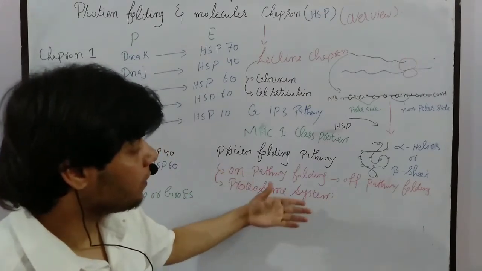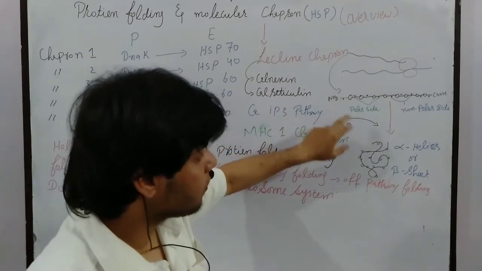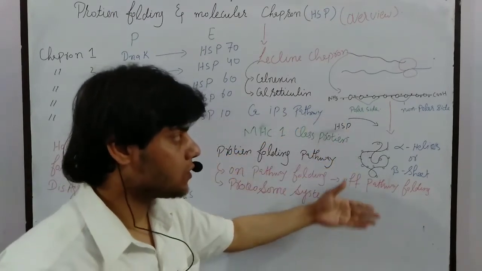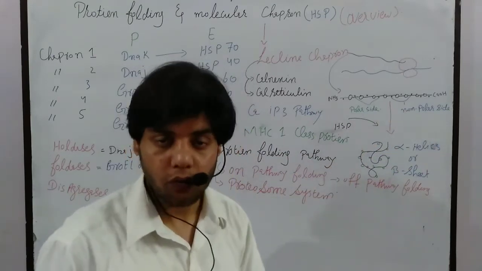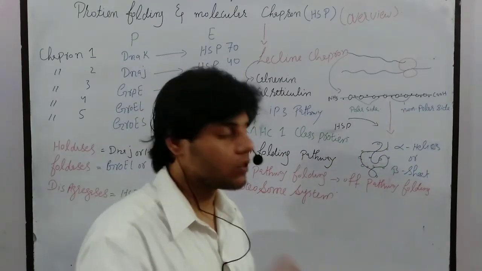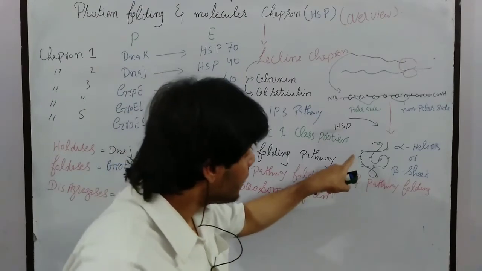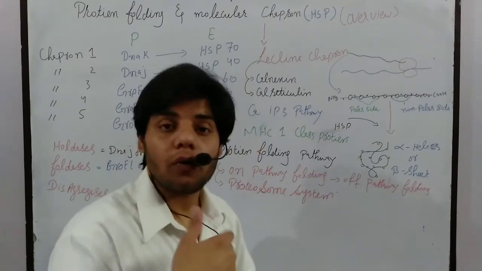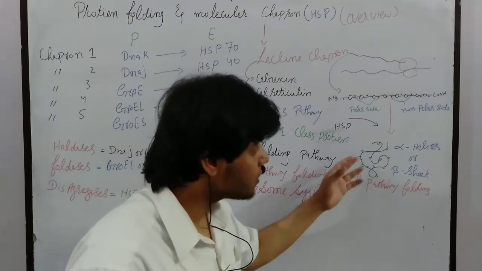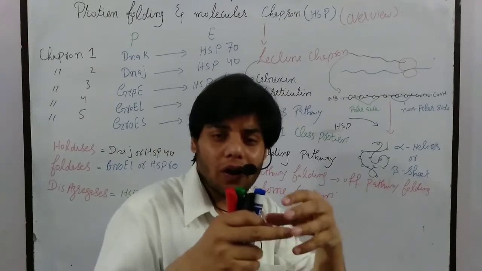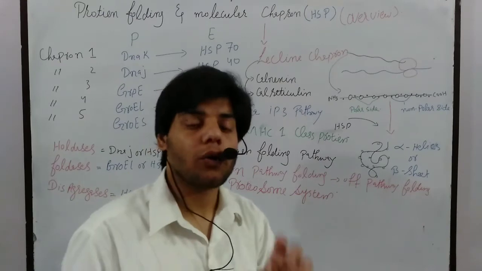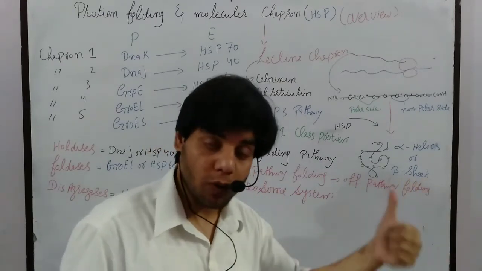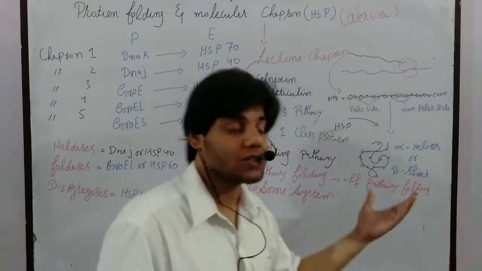You know what happens if the linear structure of the protein is converted into a non-linear structure, or if the unfolded form of the protein is converted into a folded form, which is functional. Then this protein will perform its function. Sometimes the protein will not be converted into a folded form. It will create a lot of problems, or sometimes it will create prion-like disease.